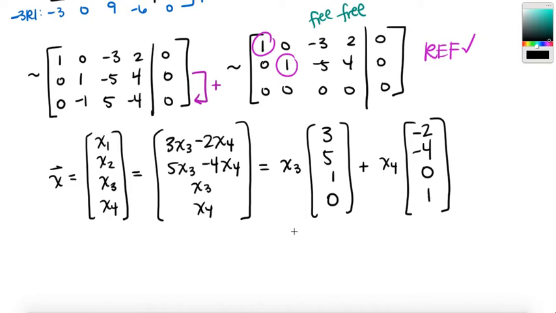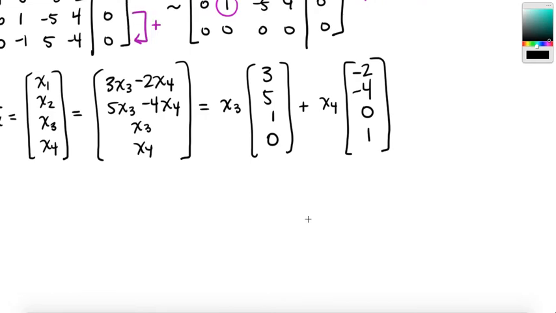Now remember what we're finding here is things in the null space. So all x in the null space looks like this. Which is great for us. Parametric vector form automatically gives us a way to write elements of the null space as a linear combination of these two vectors.